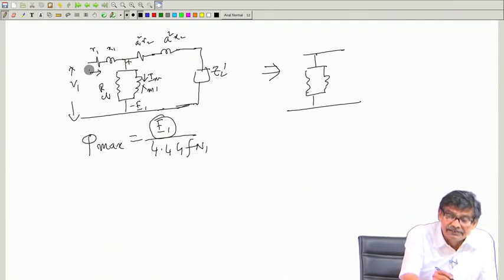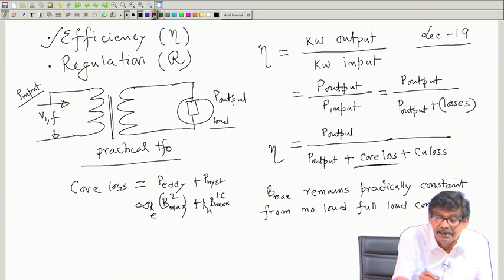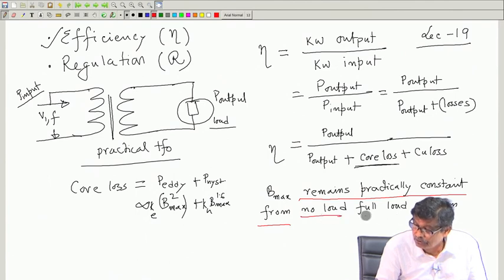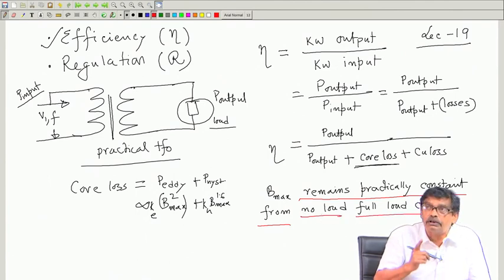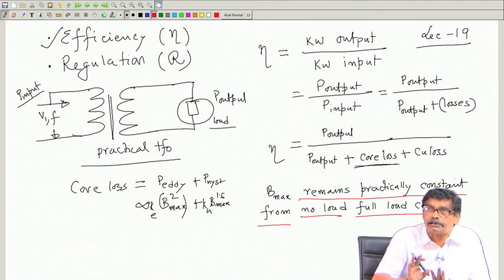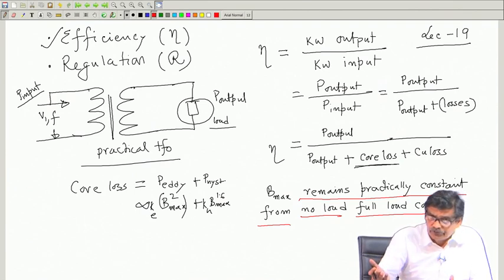So, the assumption is that B max remains practically constant from no load to full load condition. Full load condition, you must have understood now, is when the coils carry rated current and the applied voltage is rated, at rated frequency. So, flux is almost rated from no load to full load.